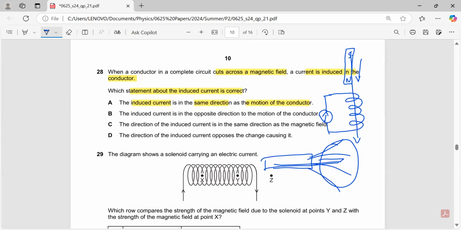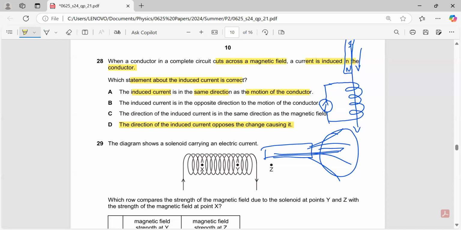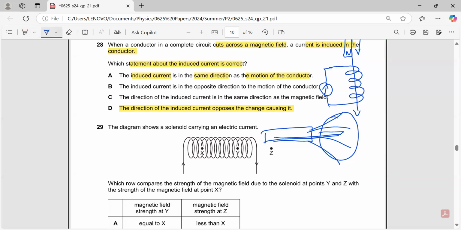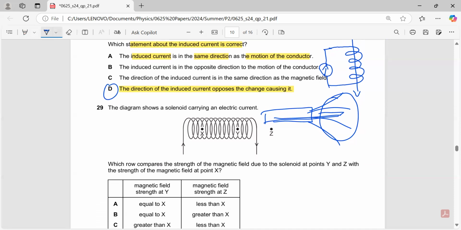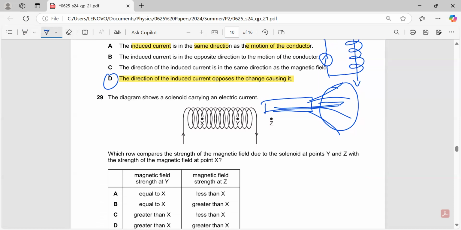So the fourth statement is correct. It states that the direction of the induced current opposes the change that causes it. That is Lenz's law. Lenz's law states that the direction of the induced current is such that it opposes the cause which produces it. So option D it is. Next question. In the next question, they are saying that the diagram shows a solenoid carrying an electric current.